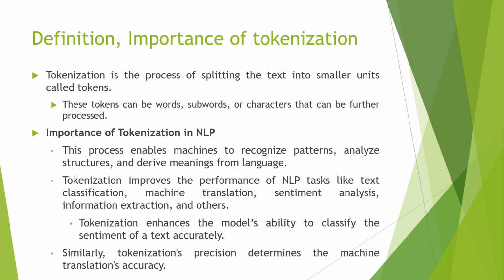So now we'll discuss the definition and importance of tokenization. Tokenization is a process of breaking down the text into smaller units called tokens. These tokens can be words, subwords, characters, or sentences, which can be further processed by the model that you build.